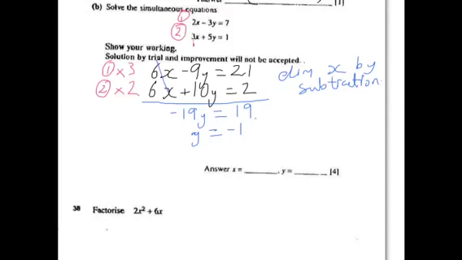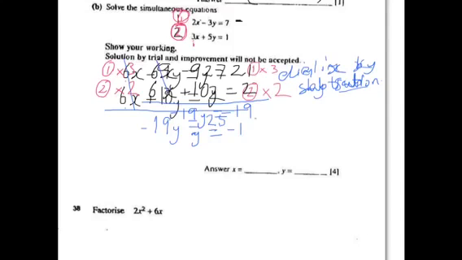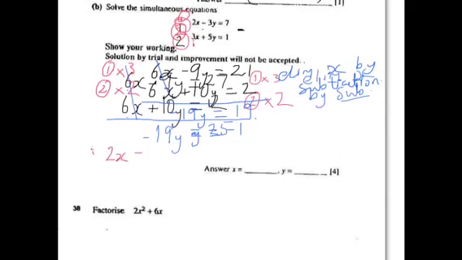Once I know that y is minus 1, I'm going to substitute that back into my first equation. So I'll get 2x minus 3 times minus 1, so that's the y, is equal to 7.